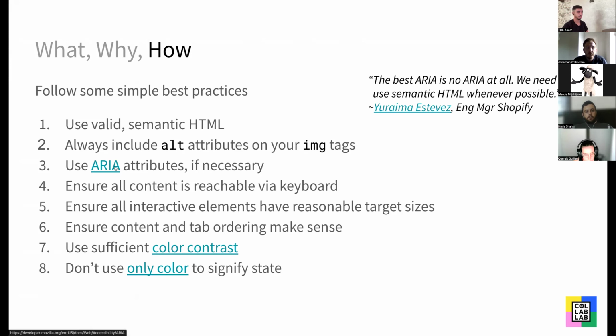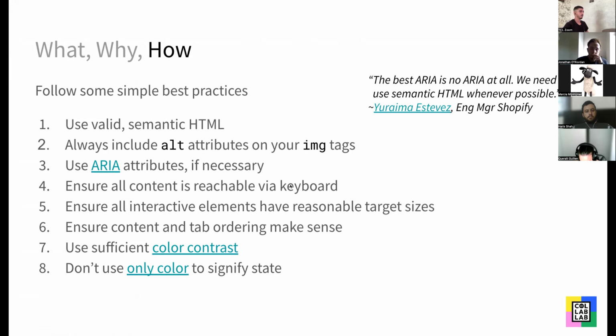Also use ARIA attributes if necessary, but the best ARIA is no ARIA at all. So whenever possible, please use semantic HTML. But if you are in a situation where you can't use semantic HTML, or your use case doesn't have a corresponding HTML tag, then you can use the ARIA attributes to fill the gap.